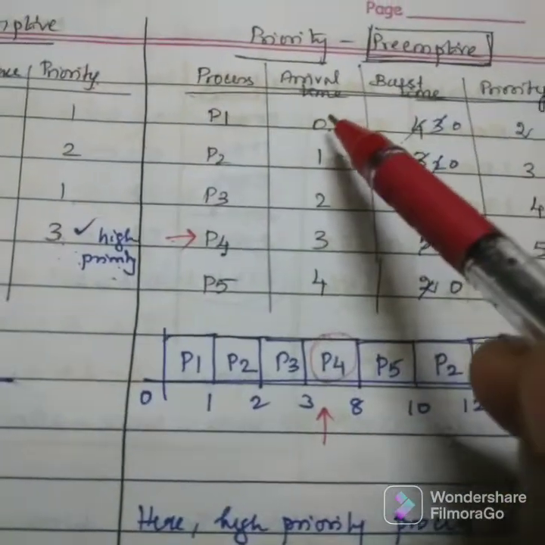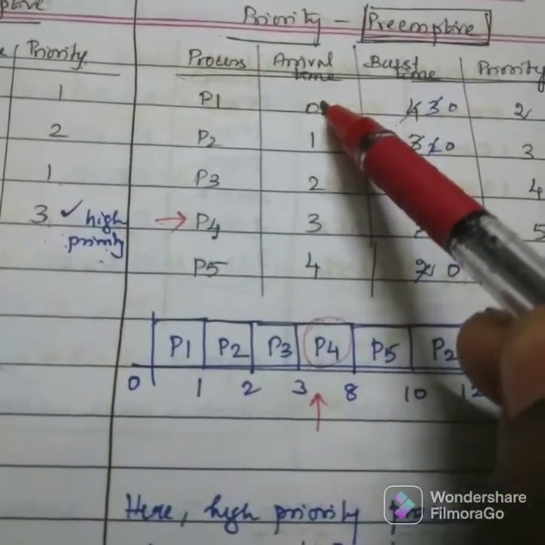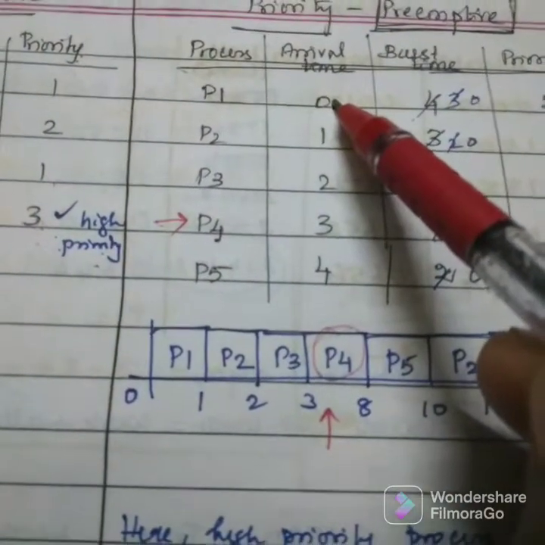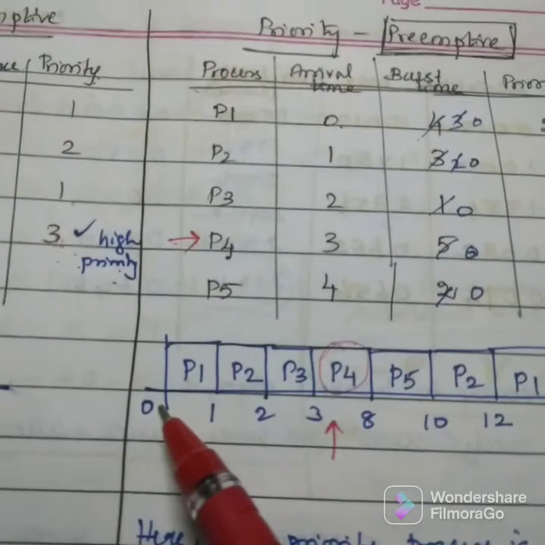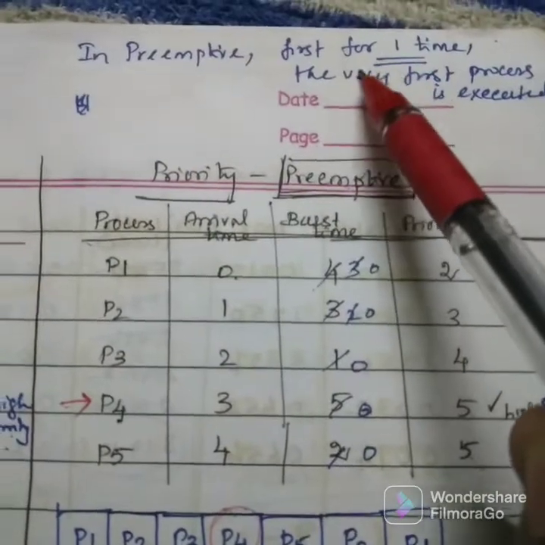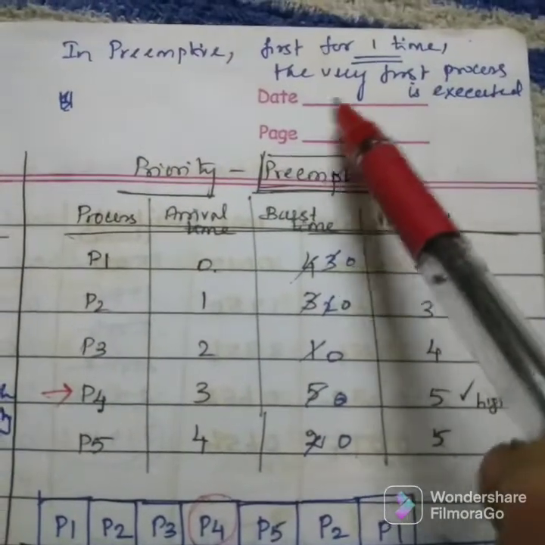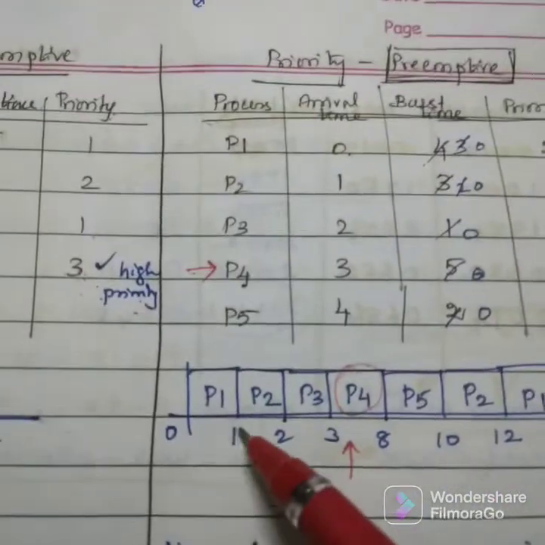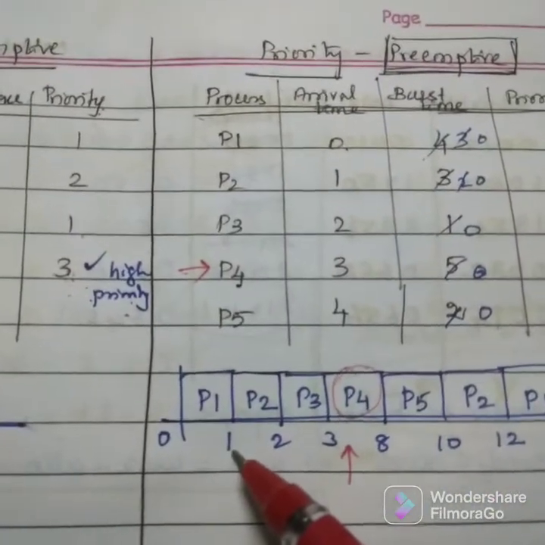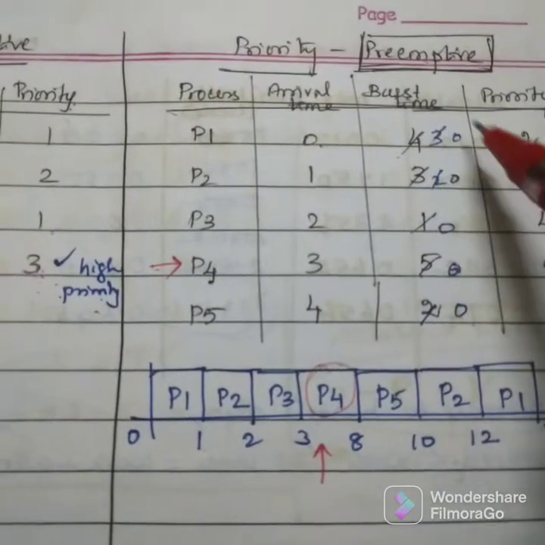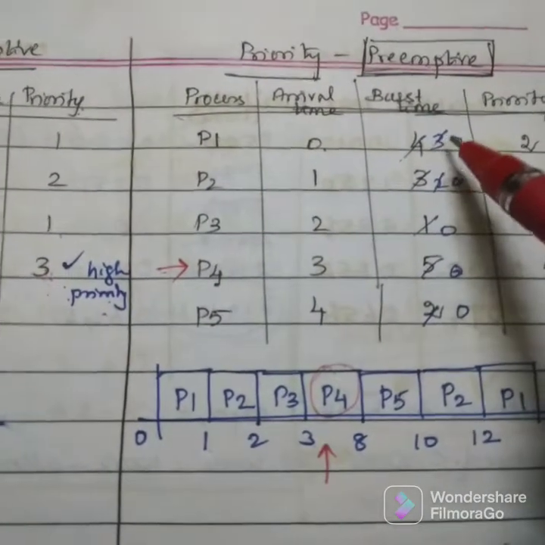From the starting, we consider P1, its arrival time is 0. Each process will be getting 1 unit in preemptive. First, the very first process is executed for one unit, till 1. The remaining burst time will be 3.